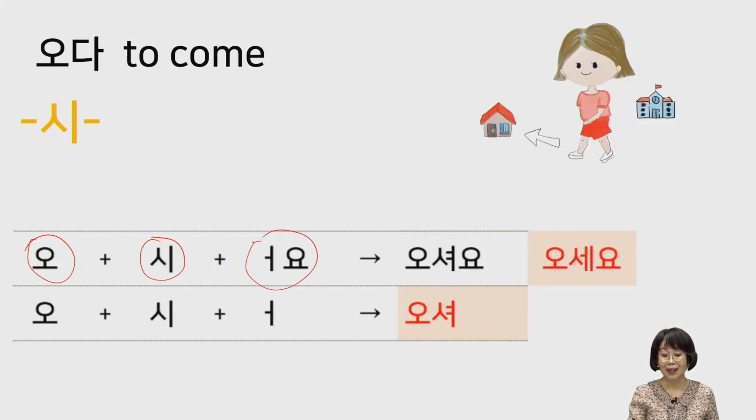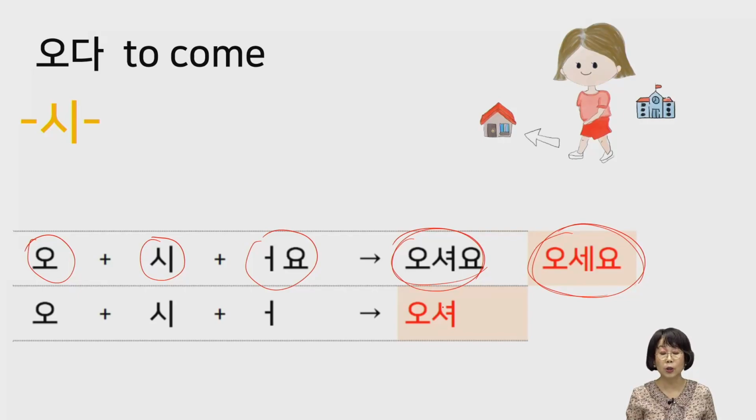Ordinarily, it is 오셔요. But instead of 오셔요, most of the time people use 오세요. So in this video, I introduce 오세요. Of course, 오셔요 is also a correct form. Anyway, 오세요 is more common.